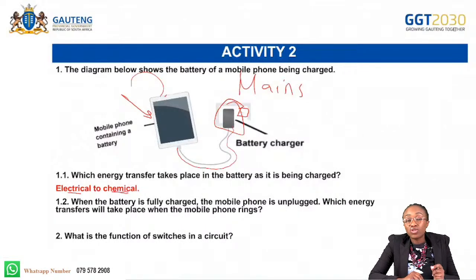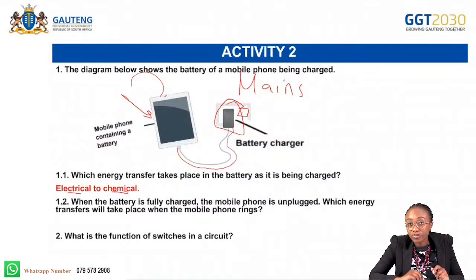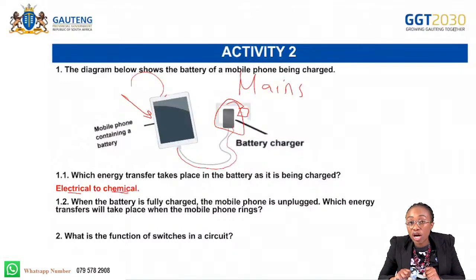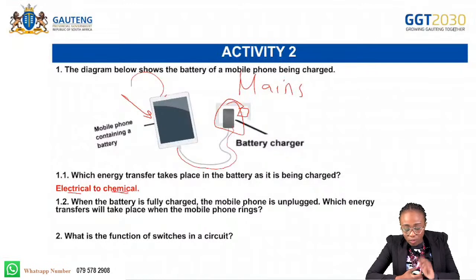1.2. When the battery is fully charged, the mobile phone is unplugged. Which energy transfers will take place when the mobile phone rings? So, the scenario has changed. We are done charging the mobile phone, and then we unplug the mobile phone from the battery charger.